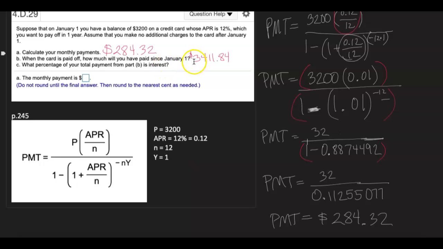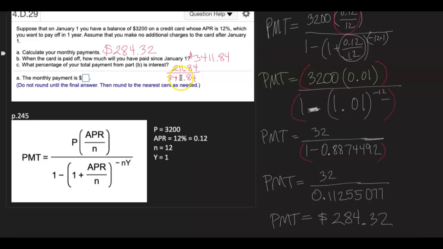To then determine what percentage of the total payment from Part B is interest, we first need to decide how much is interest. So we'll take this and subtract $3,200. That's the amount of the principal. We get $211.84. Divide that by how much was paid, which was the $3,411.84.